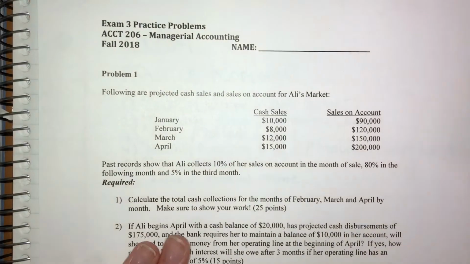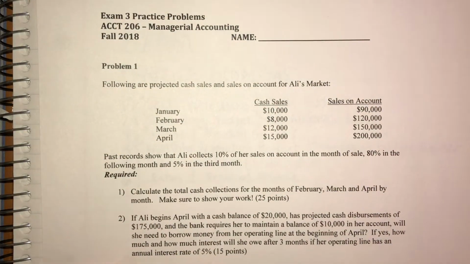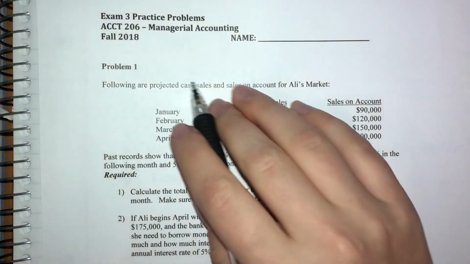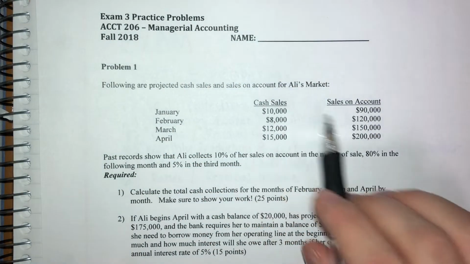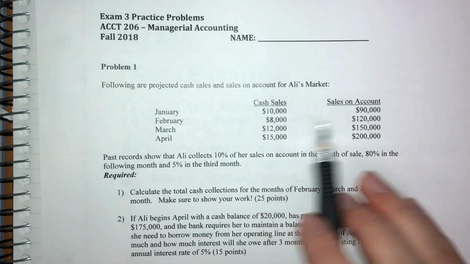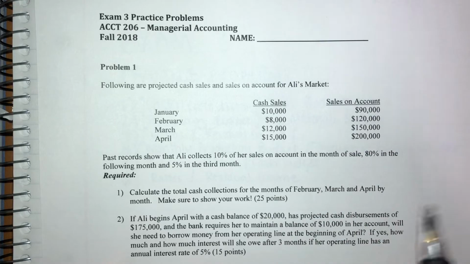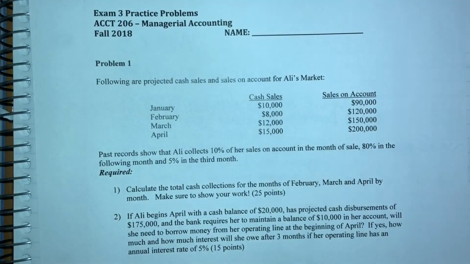So let's read the problem together. It shows us here that we have projected cash sales and sales on account for Allie's Market. We have cash sales and we also have sales on account right here. So those are distinct and different. We want to make sure that we remember that. So I'm going to take a highlighter because it's really important to highlight important information.